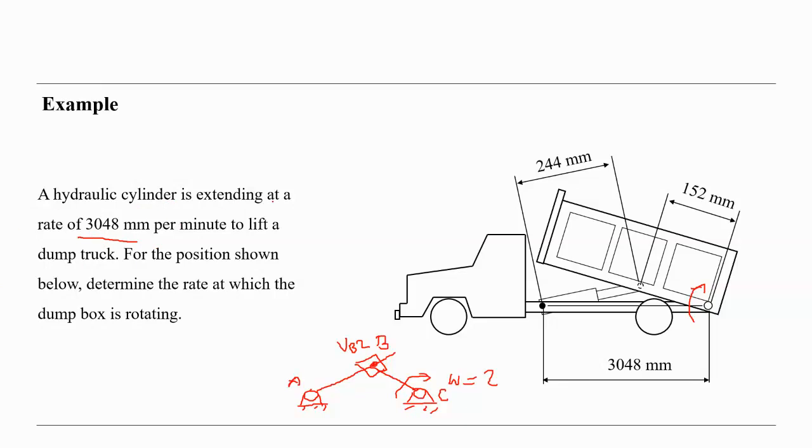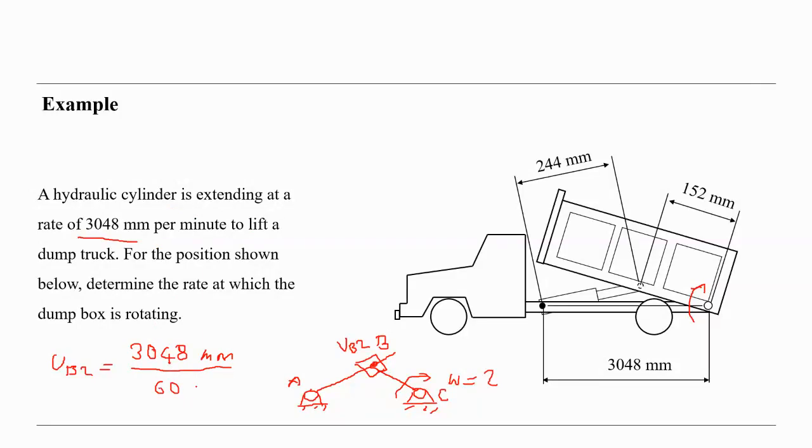The hydraulic cylinder is extending at a rate of millimeter per minute. So that means VB2 is equal. Length is given. How much? 3048 millimeter per minute. That means we have to divide by 60.